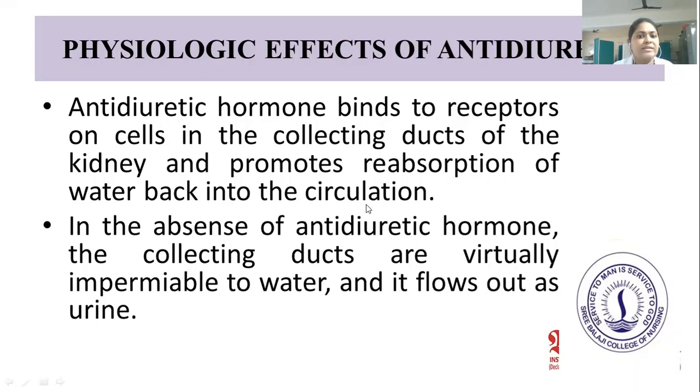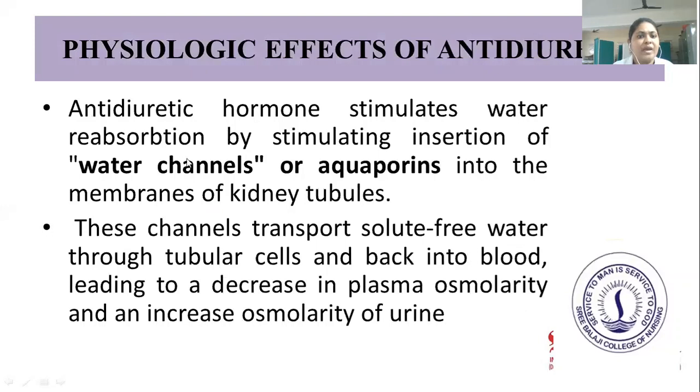So antidiuretic hormone first acts on the collecting ducts of the kidney, where it promotes the reabsorption of water back into the circulation, so that the urine flow is reduced. In the absence of antidiuretic hormone, the collecting ducts are virtually impermeable to water and it flows out as urine.